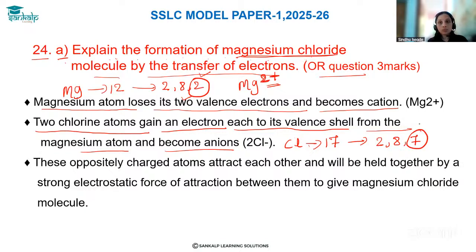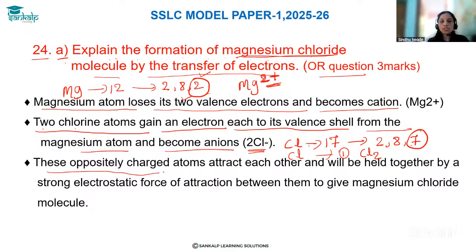It requires one more electron to complete the shell. So it receives one electron from magnesium, and the other Cl receives one electron from magnesium. Magnesium loses 2 electrons, so these 2 electrons are received by chlorine and it becomes 2Cl-.